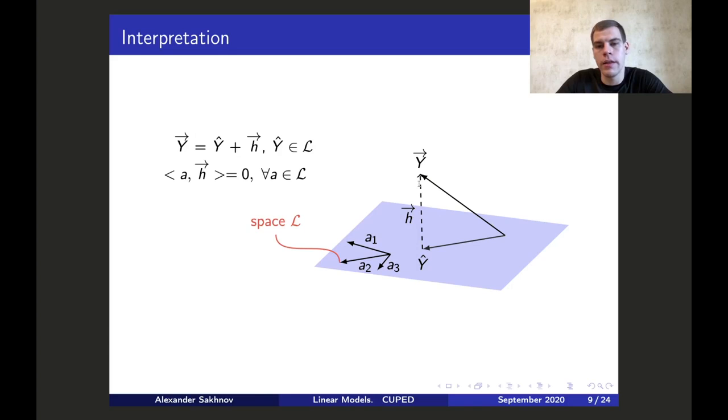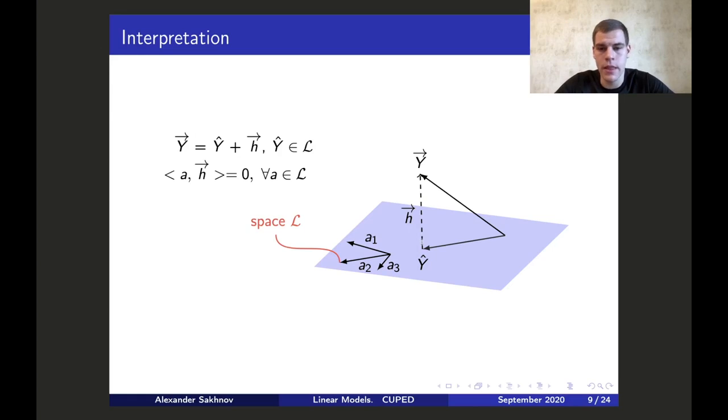So each element can be represented as a sum of two vectors. The first vector is the best linear approximation, and the second is a height. But what does it mean that it's a height?